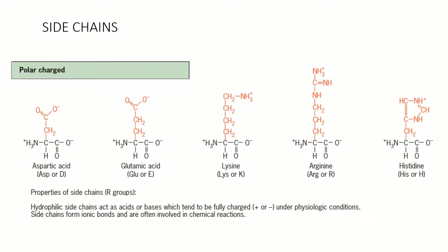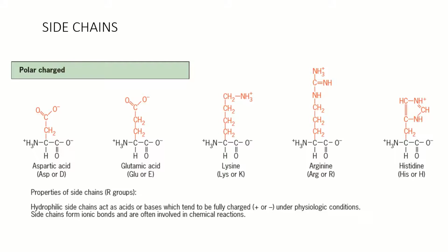These side chains, which I mentioned a while ago, actually are the reasons why there are 20 types of amino acids. So again, the carboxyl portion and the amino portion of amino acids are already in place, but the R chain or the side chain may be among the 20 different side chains that are present for amino acids.